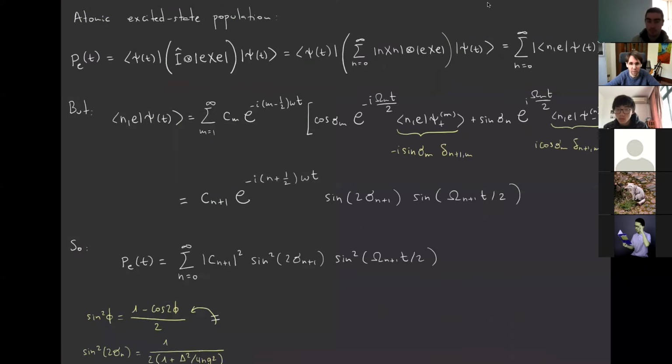Okay? So you will see in a second why this form is kind of better. But let me write it down and then I discuss it. So we get this numerator and then this in the denominator.